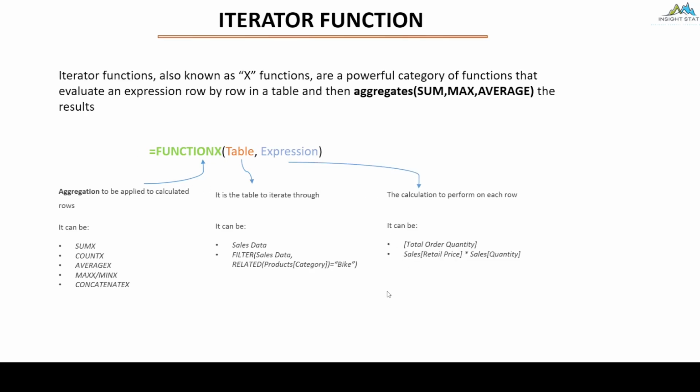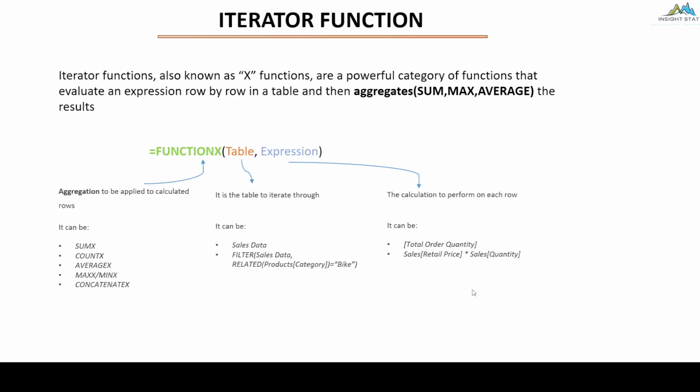And then we have the expression. So this expression is, we are telling the sum, what exactly are we summing? Are we summing a measure that we have created? Or are we summing a custom expression?